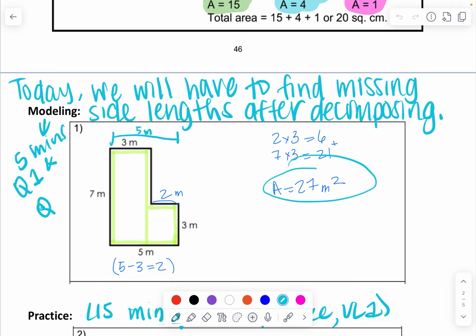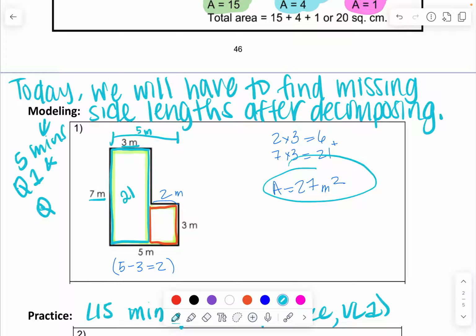So when we are solving this question here, we've decided to break it up into these two parts, the part that's in blue and then the part that's in orange. The blue part is easy because it's already alongside a width and a length. So we have 3 and we have 7. 3 times 7 is 21.